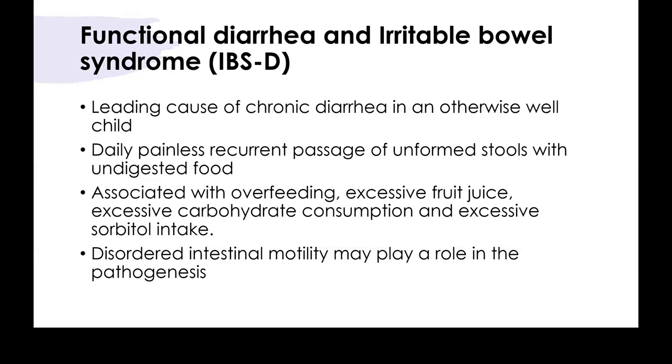If you go into the history in detail, it is most of the time associated with overfeeding. Sometimes there will be excessive fruit juice intake, excessive carbohydrate consumption, and excessive sorbitol intake. Most of these children will be drinking lots of fruit juices. So these are the associated factors.